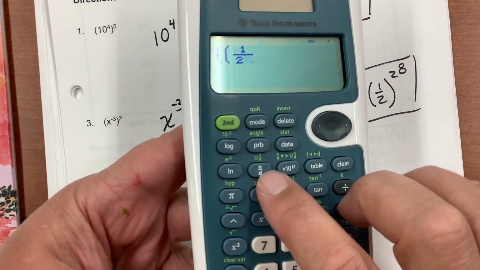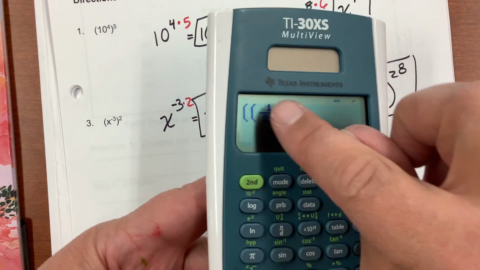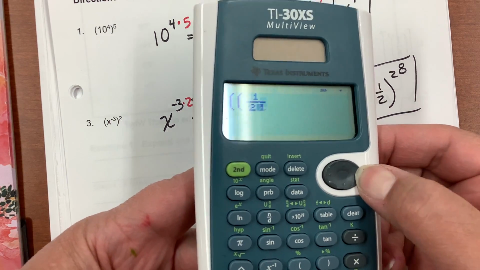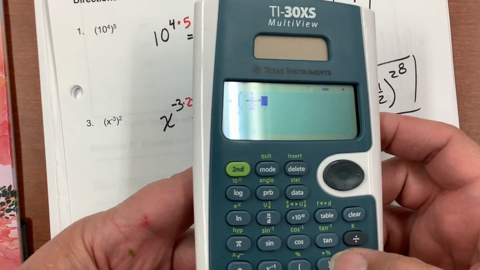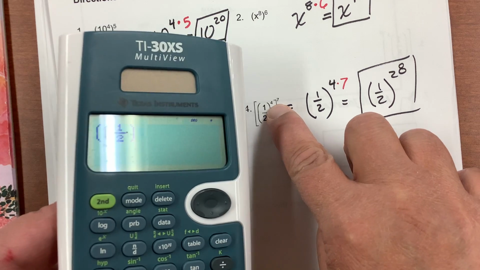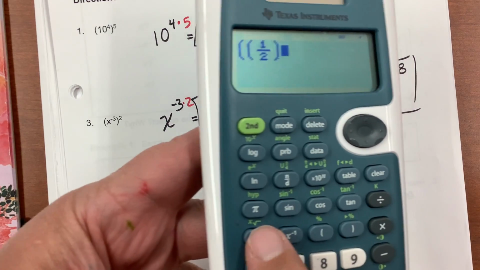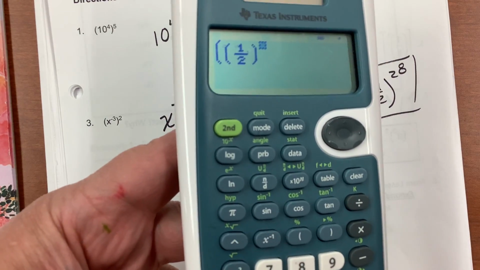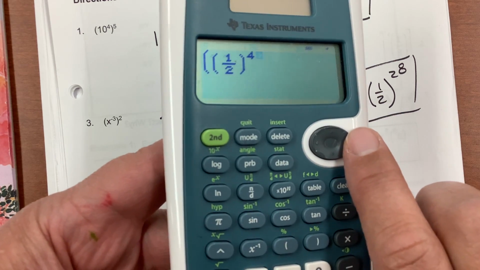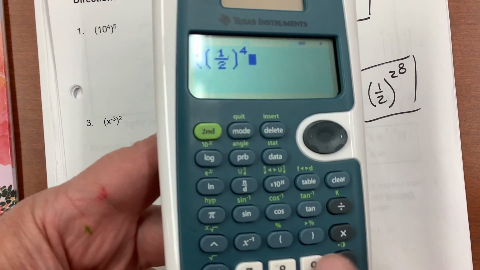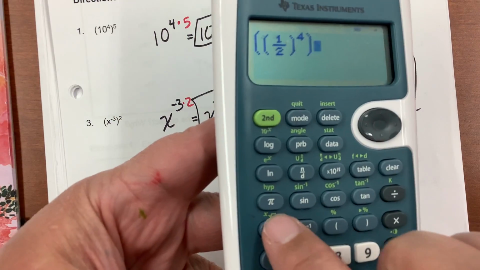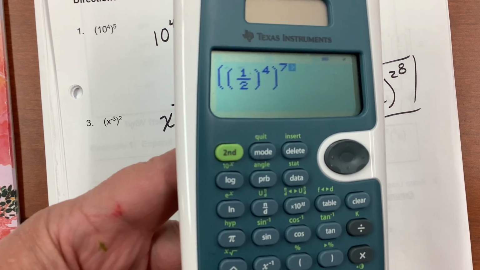So remember, you're using this little n over d, but now I'm on the bottom of the fraction, so I'm going to push this right arrow, so now I'm off it, and I'm going to put 1 parenthesis, because see, I have 1 parenthesis, and it's to the 4th power. So then you have this little arrow up there to the 4th power. Now you have to get off the exponent, and another parenthesis, and now it's to the 7th power, so that up arrow to the 7th power.